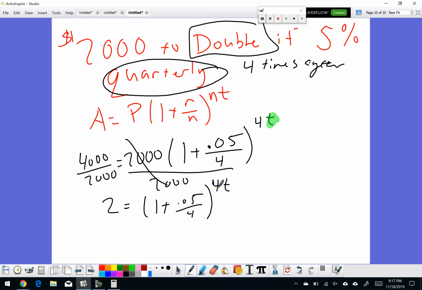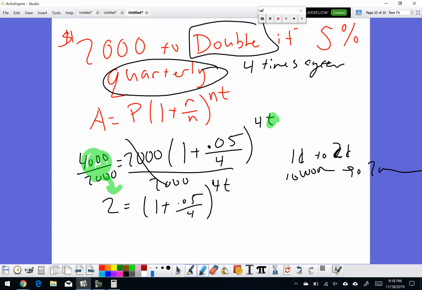So whatever that is, that's always going to be the same, and that's why, once again, 1 cent to 2 cents takes the same amount of time as 1 million to 2 million. It's because of this concept right here that 4,000 divided by 2,000 is double, so that's why it's 2.